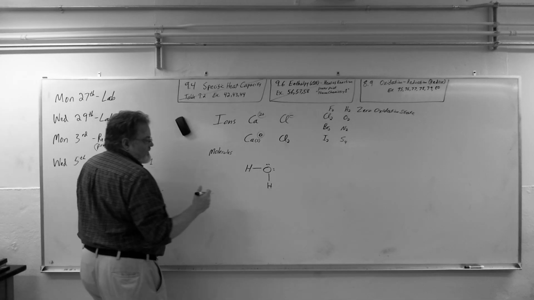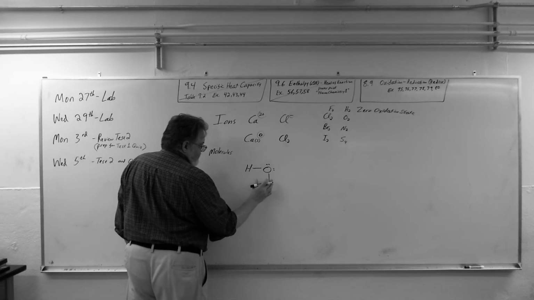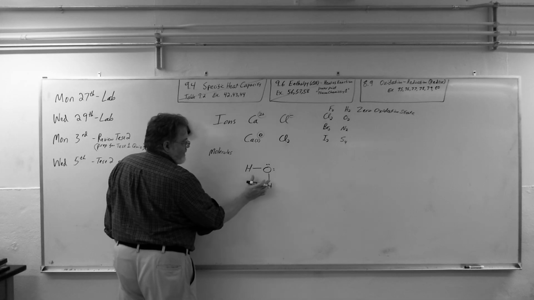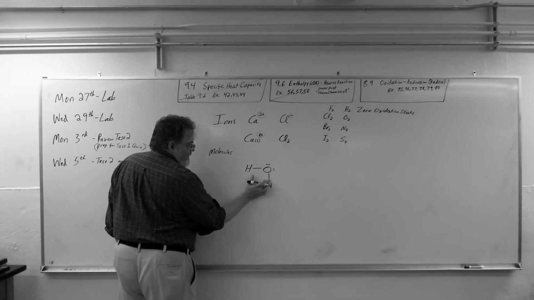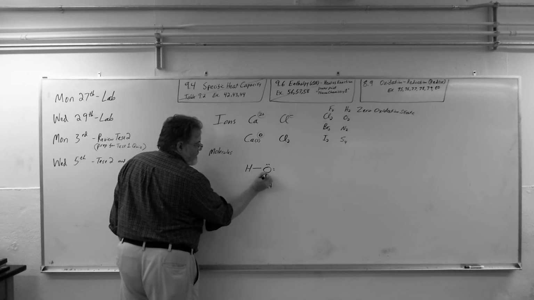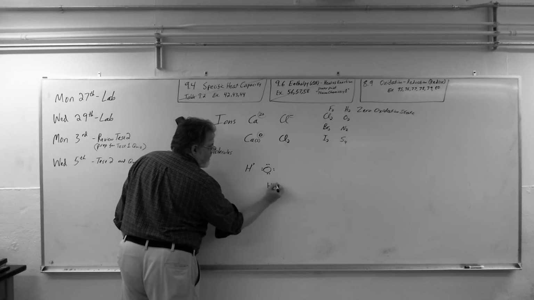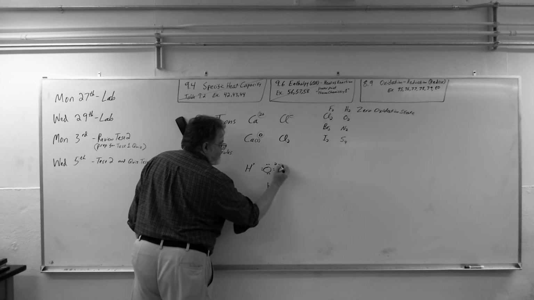The oxidation state on oxygen here, because it's the more electronegative, we just sort of pretend, and it is pretending, that these 2 electrons are there, and these 2 electrons are there, which makes that positive and makes that 2 negative.